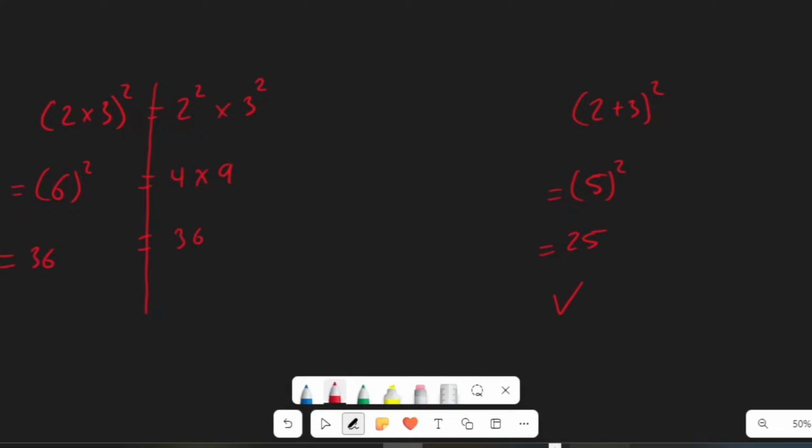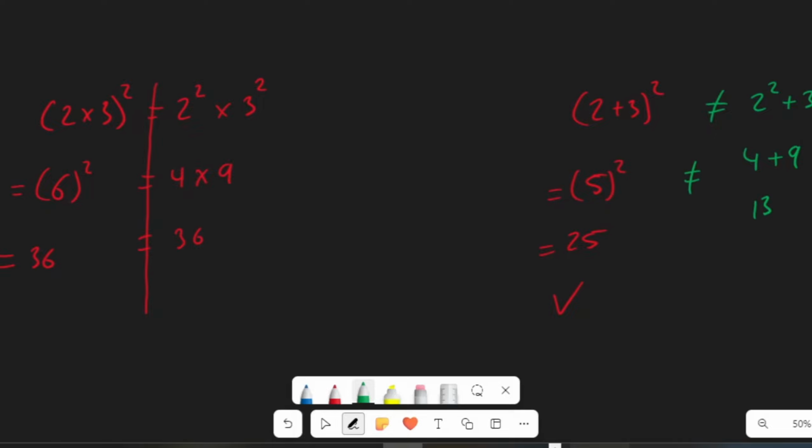But if we expand like we did in multiplication, we'll get a completely different answer. So let's say we expanded and we said it's 2 squared plus 3 squared. Then we'll get 4 plus 9, which is 13.